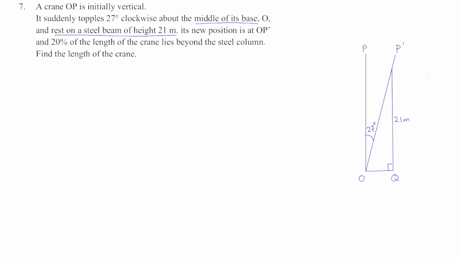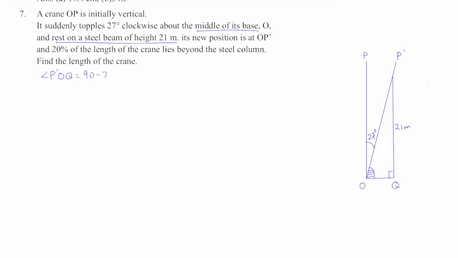Okay, let's see. Let's find this angle first. So we say angle P prime OQ equals 90 minus 27 degrees equals 63 degrees.